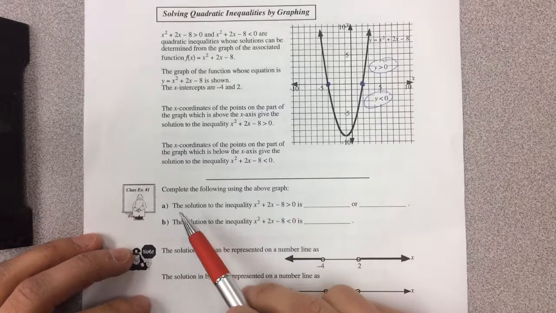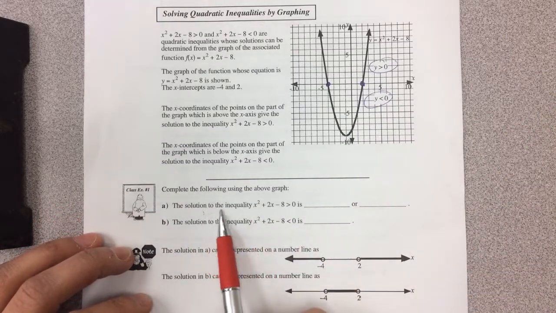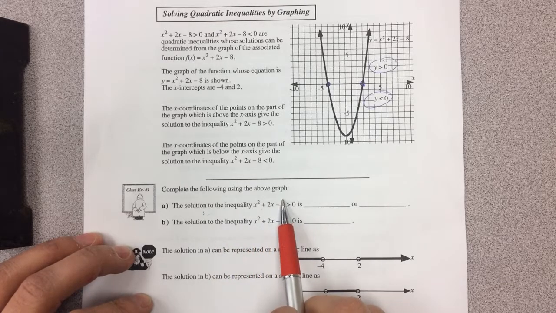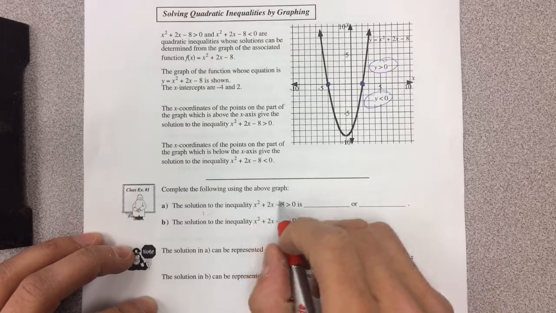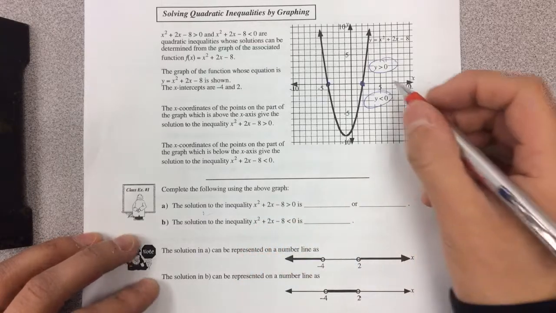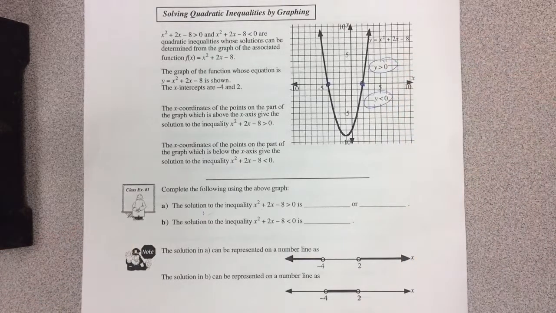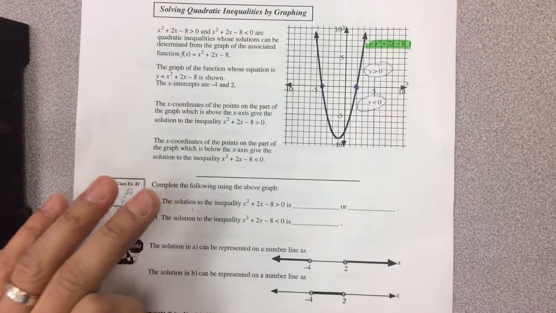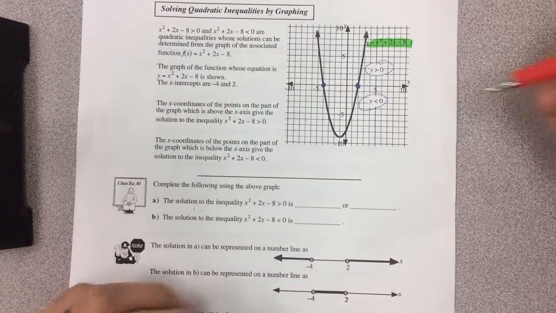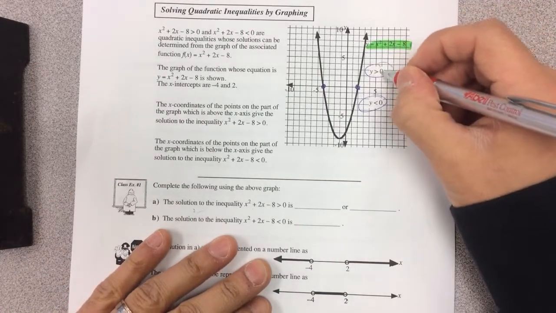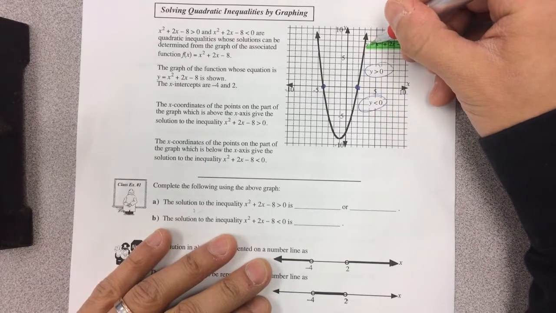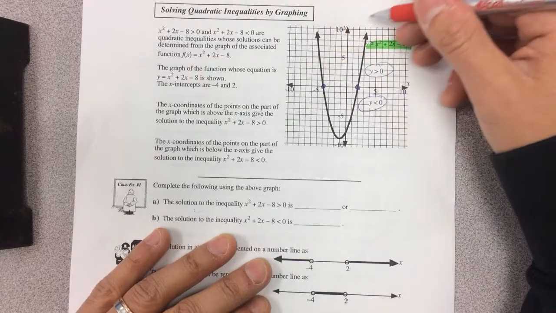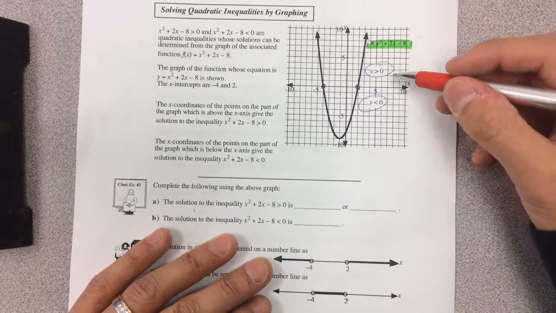But if we look at class example 1, we want to determine the solution to the inequality x squared plus 2x minus 8 is greater than 0. So when this is greater than 0, if we were to think of it as an equation, as is highlighted here, y equals x squared plus 2x minus 8, or I should rearrange it like this, this upper portion would represent when y is greater than 0.